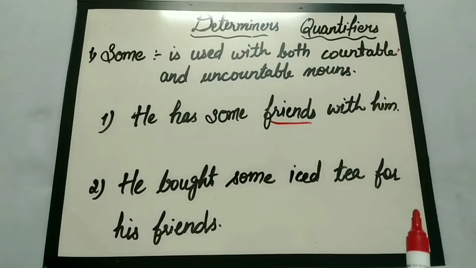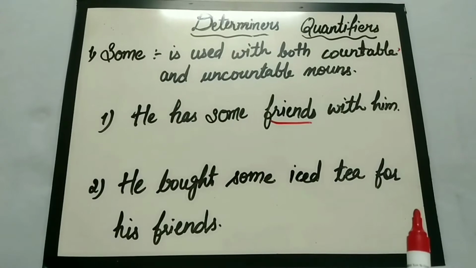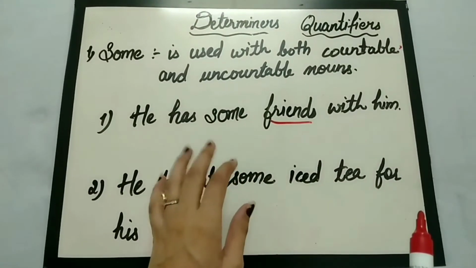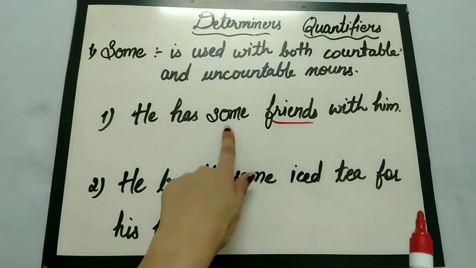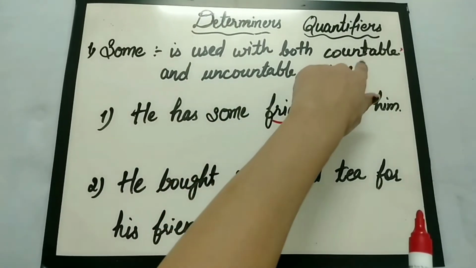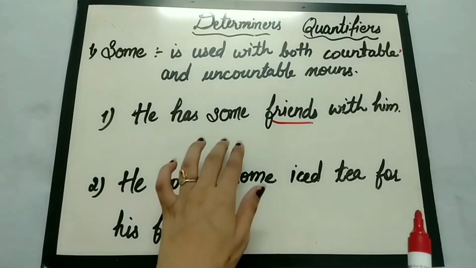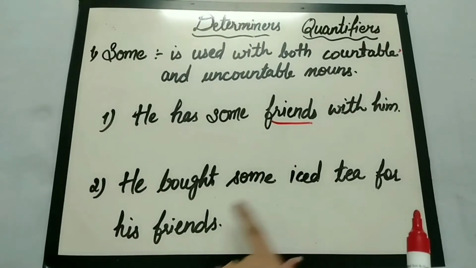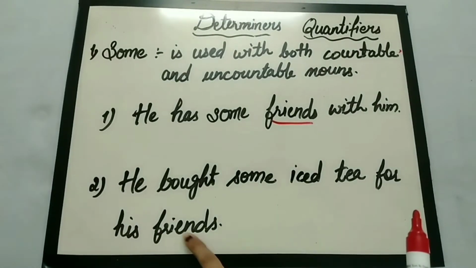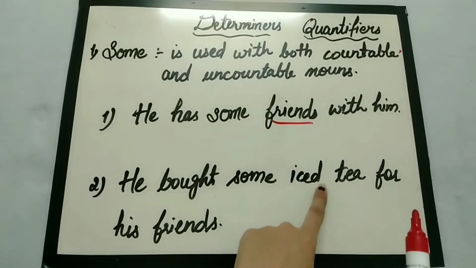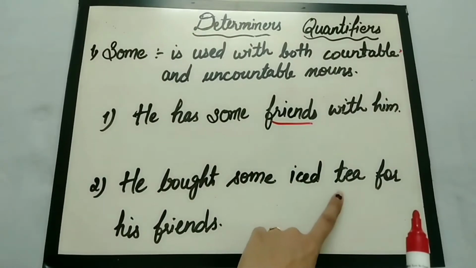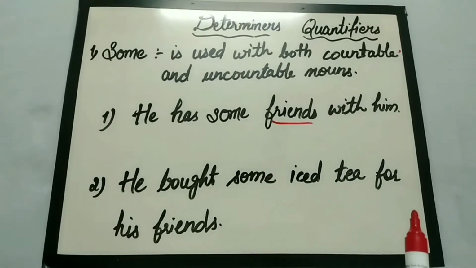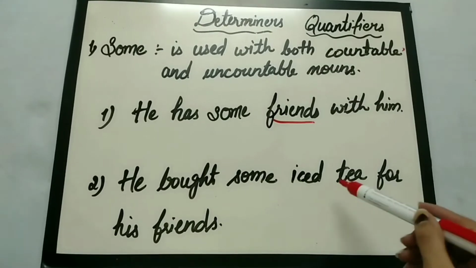Okay, so I guess the concept is clear to you, the determiners and the first quantifier some. So here some is used with the countable noun. Let's see the next example. He bought some iced tea for his friends. What he bought? The noun which he bought is iced tea, and tea is uncountable, as it is in liquid form.